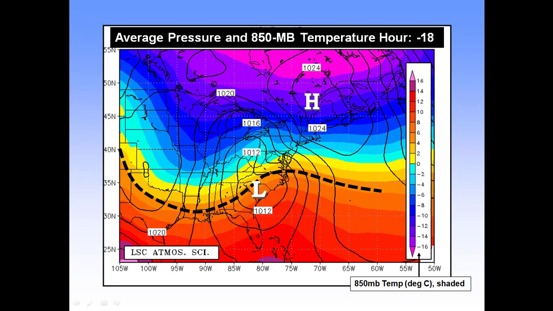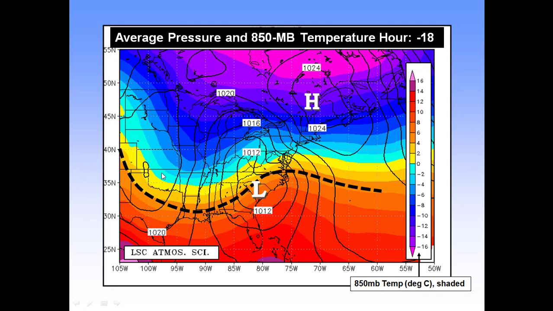So just to get a little bit of a better idea, now we're just looking at the temperature profile within a typical nor'easter. Again, this would be a track C. This is the same storm system. But here, you notice all these colors indicate 850 millibar temperatures, and this is in Celsius. So 0 degrees would be freezing.